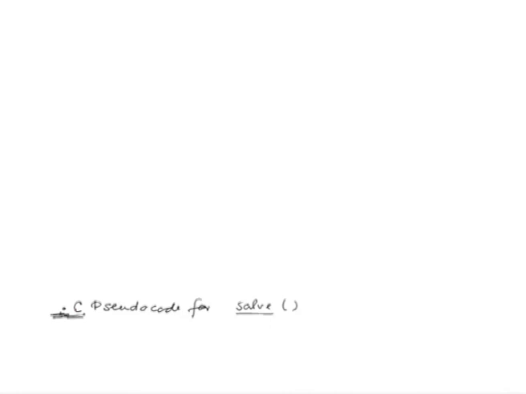So we will assume that we have already got from somewhere an algorithm, or a subroutine based on tri-diagonal matrix algorithm. So this solve will simply have one line in a pseudocode: call TDMA function to solve our system.